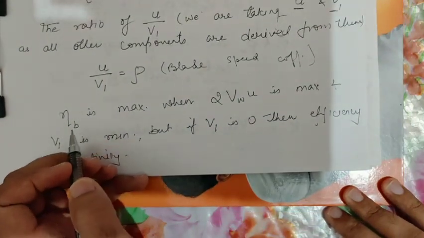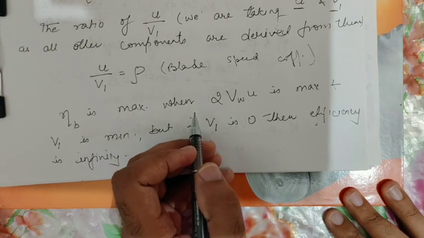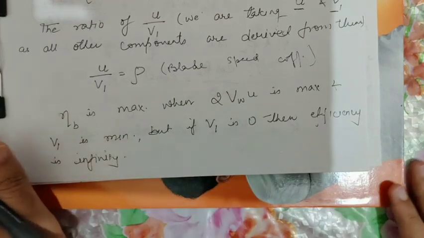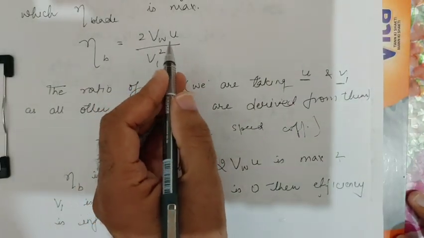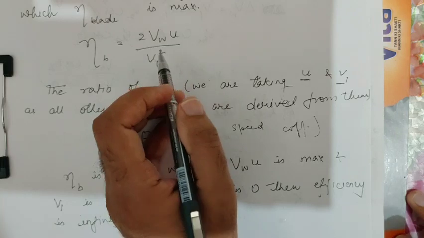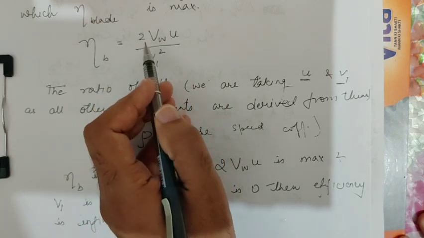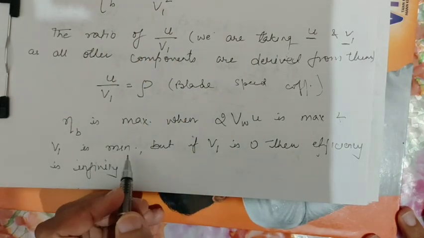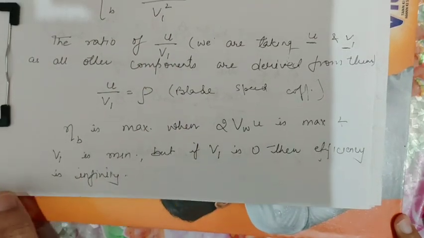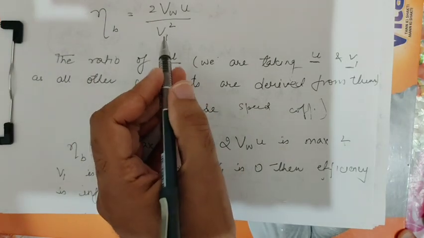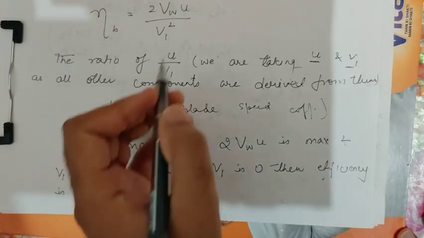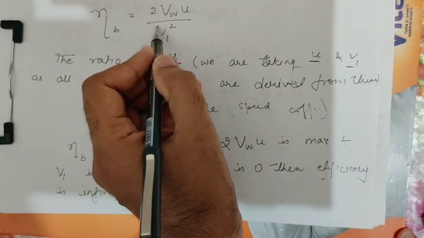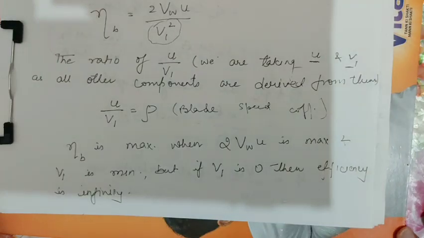So ηb is maximum when 2 Vw u is maximum and V1 is minimum. But if V1 is minimum, its minimum value can be 0, which means the blade efficiency is infinity, and it is not possible that the efficiency is infinity.